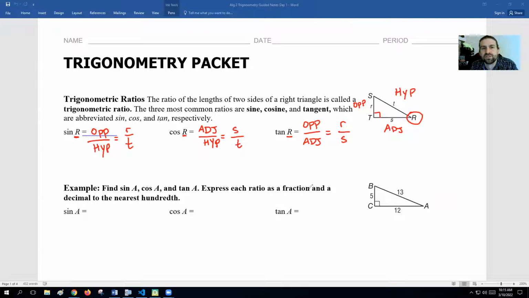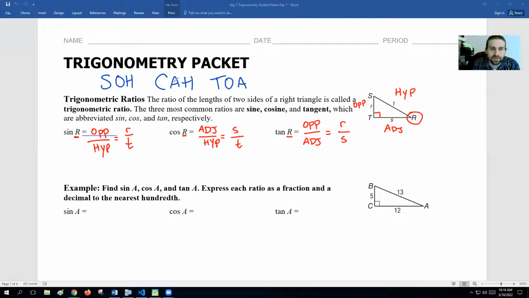With this, we can set up these ratios, and with calculations pre-built into our calculator, we can use those to find a whole lot of different things. So the first thing we want to do is make sure we can set these up. Remember, sine is opposite over hypotenuse, cosine is adjacent over hypotenuse, and tangent is opposite over adjacent.